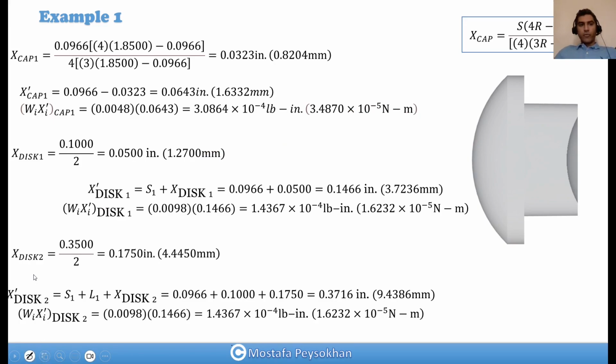And again the same equation for x2, half of the distance, not x prime of disk 2. Again, we don't need to write it down. We start from S1 plus L1 plus half of this distance, which we put into this equation, and for the third element, x of this disk, we plug numbers into that equation and we get this.